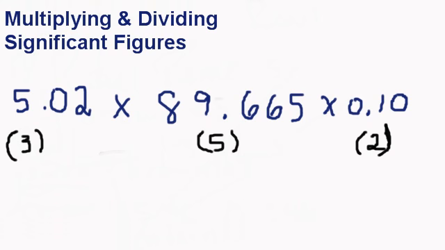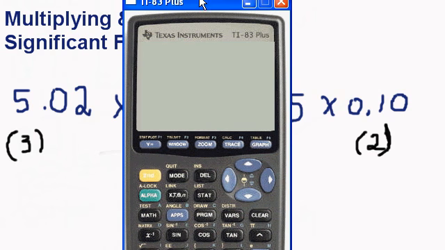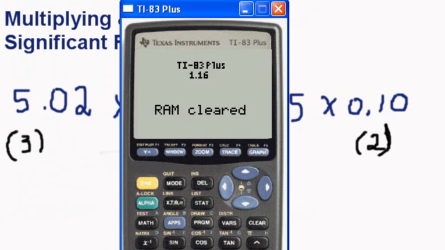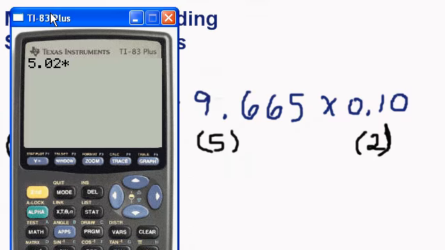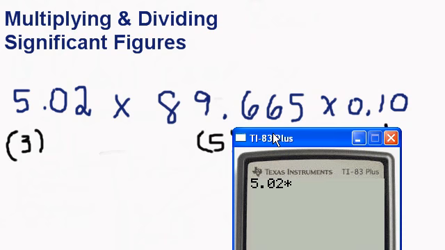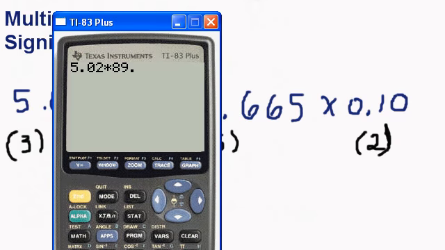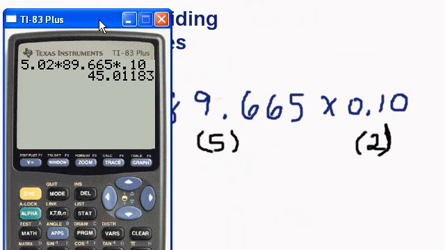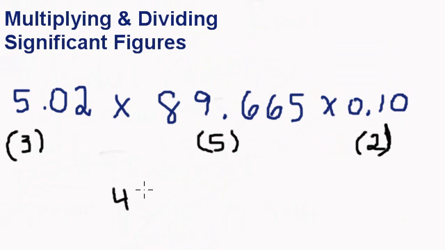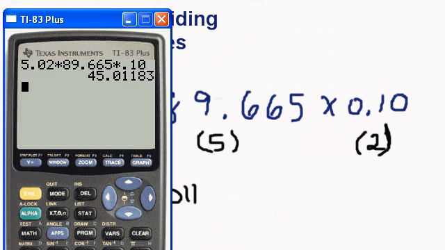I'm going to use the calculator. 5.02 times 89.665 times 0.10, and the calculator reads 45.01183. This is the number that the calculator gave me.